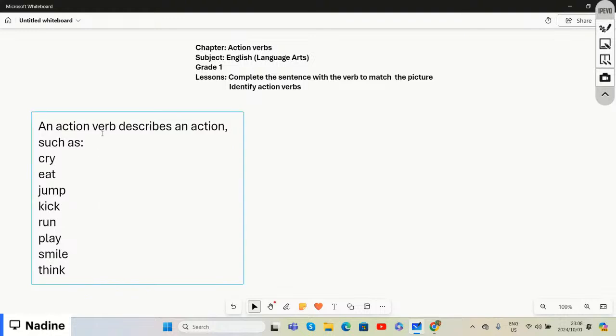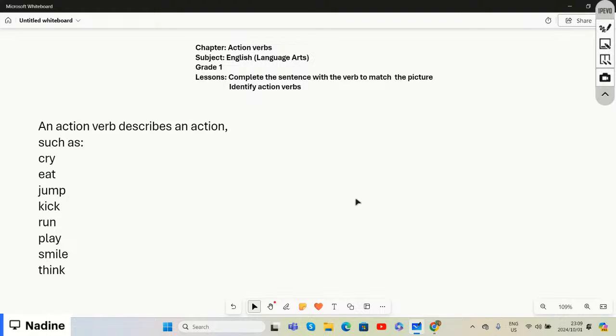And we said an action verb describes an action. Now the question is, who does the action? Either a person or an animal does an action.